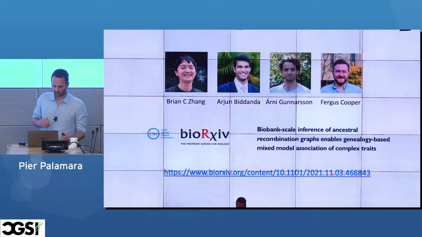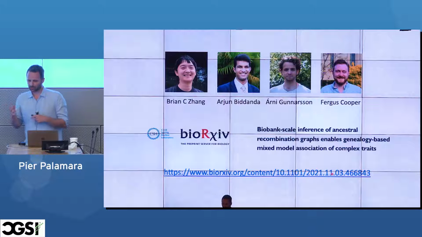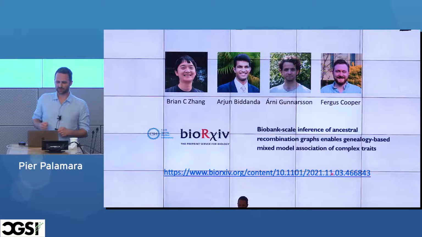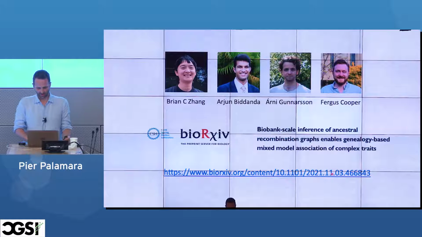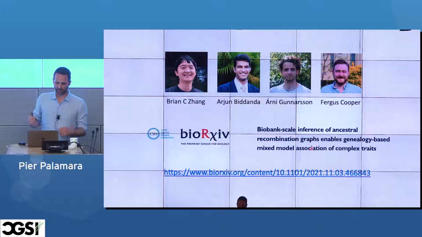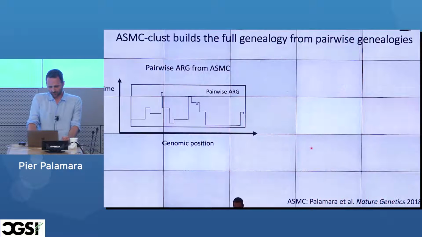This is work that lots of people in the group have been doing, particularly Brian, who defended his thesis on Monday on this project. A preprint has been up for a few months if you want more details, and I'll just tell you at a very high level what the work was. We have this tool, ASMC, that gives you this kind of graph, this kind of output.